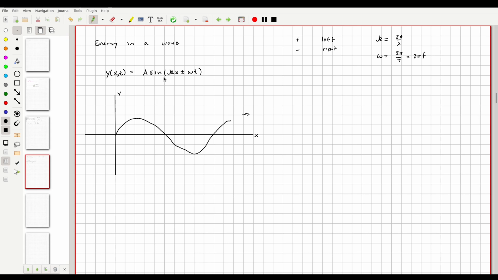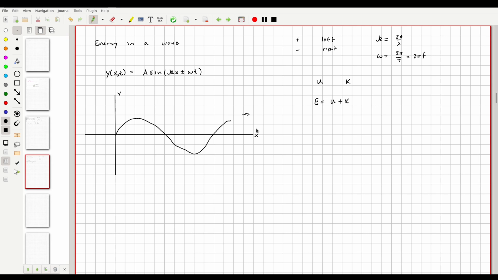Well, that's basically what this looks like right here. So as this thing is pulled up, you have potential energy in it. If it's moving, you also have kinetic energy as well, which means that if we want to find the total energy inside this wave, we need to look at the potential energy and the kinetic energy that's present.